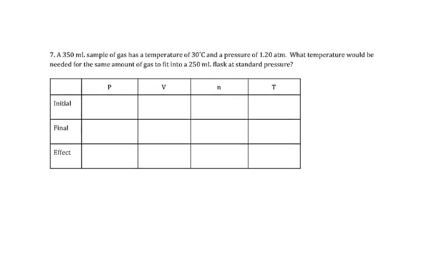So now on to number 7. Read through, fill out the table. A 350 milliliter sample of gas at a temperature of 30 degrees Celsius and a pressure of 1.20 atm.